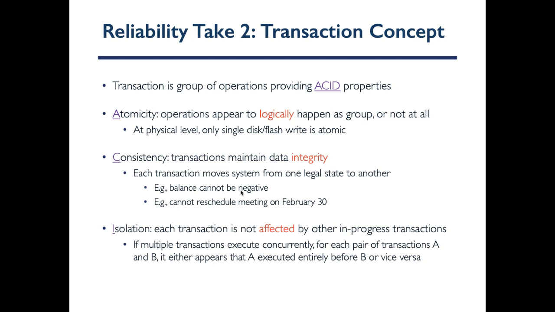The other one is isolation. Isolation means that you want your transactions to have no side effects on each other. That basically means that if you have two transactions executing concurrently at the same time, you want them to appear as if one of them ran before the other one.